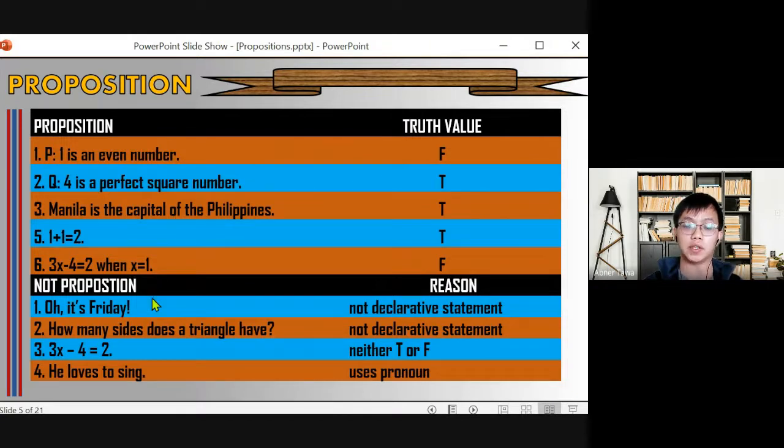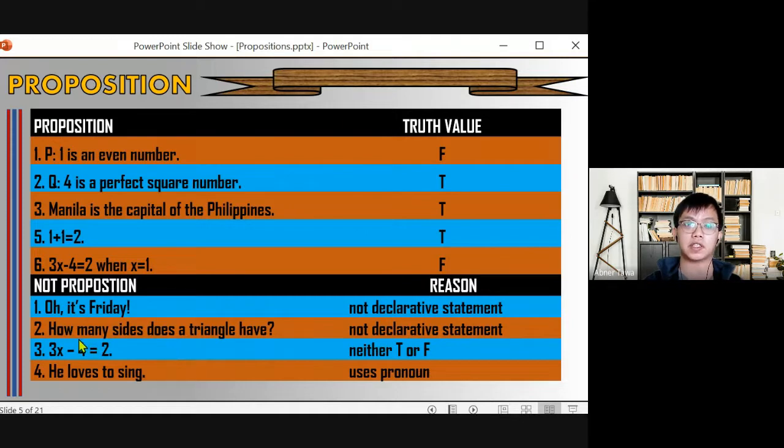And we have here non-examples of proposition. We have here, oh, it's Friday. Obviously that is not a declarative statement. It is an exclamatory statement. And number 2 here, how many sides does a triangle have? That is not a declarative statement, but an interrogative statement or sentence.